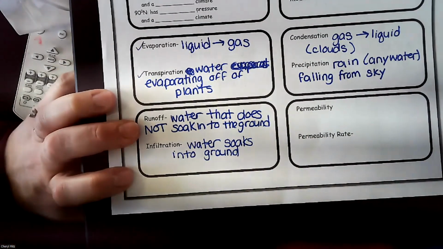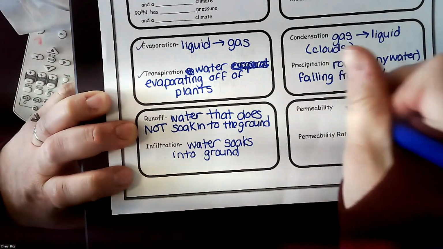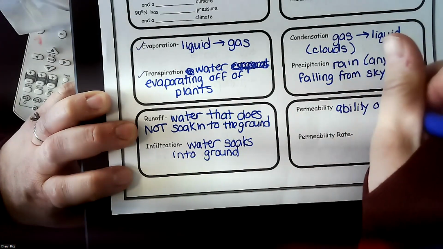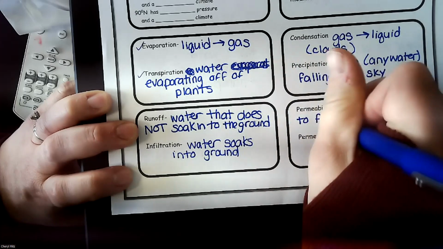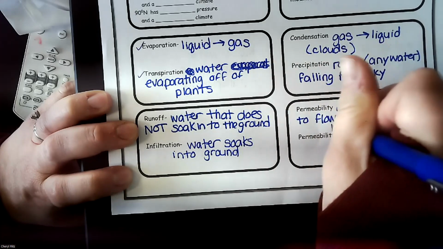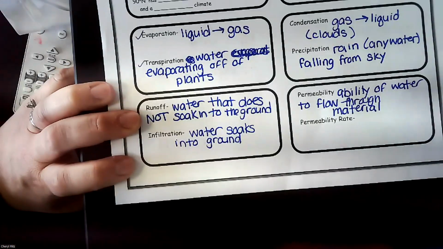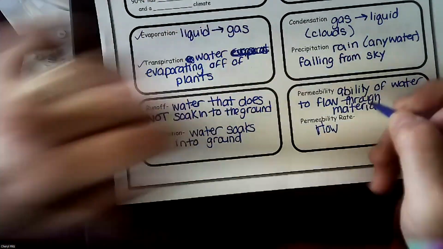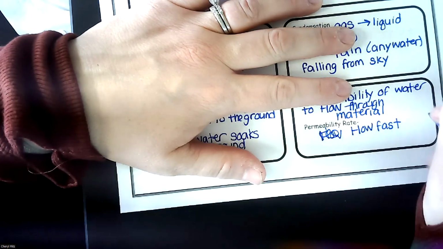And the last box for the quiz tomorrow, permeability. Ability of water to flow through a material, and then permeability rate is how fast water goes through.